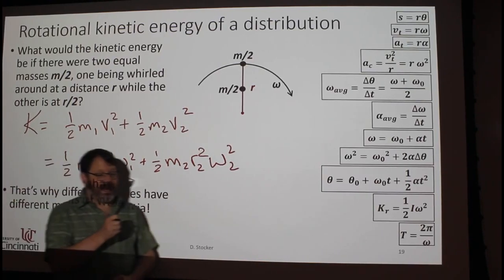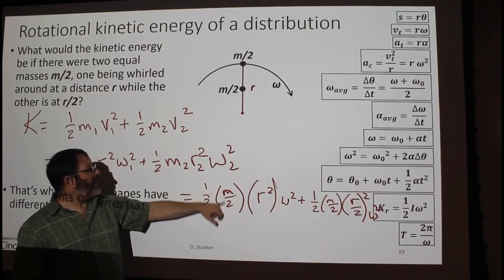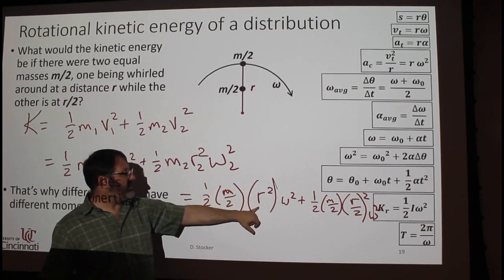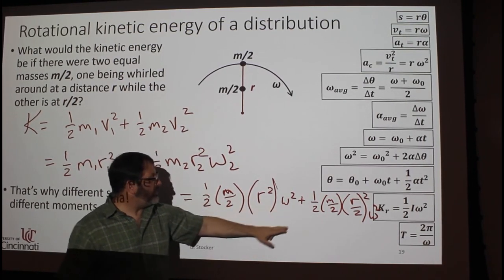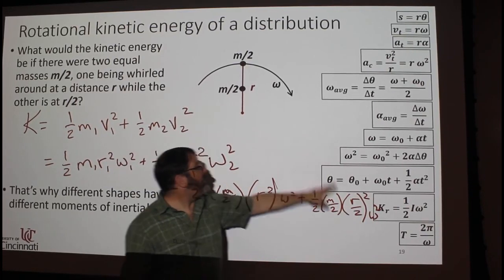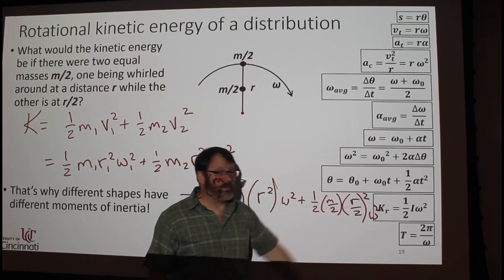Masses are each m over 2, but the r's are different. So 1/2 times m over 2, that's m1, times r1, which is just r, squared, times omega squared, plus 1/2 times m over 2, that's the mass of this one, times the radius of this one, which is actually r over 2, squared, times omega squared.